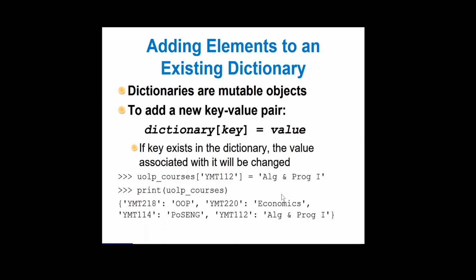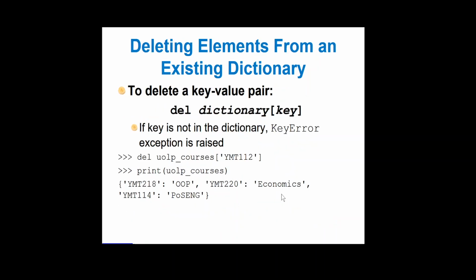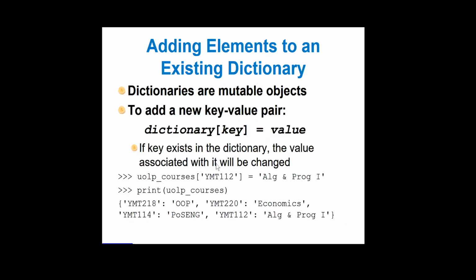Okay. Now, by the way, before I forget, if I try to add a value to a key which is already available in the dictionary, what will happen? It will override the previous value that is paired or mapped to the key that you are trying to assign the value to.